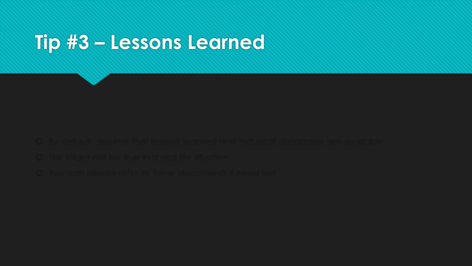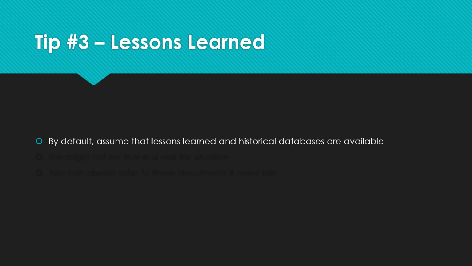Tip number three, lessons learned. By default, assume that lessons learned in historical databases are available. So in a scenario based question, you need to assume that the lessons learned are available. You cannot assume that the lessons learned are not available, right? This might not be true in real life situations. In certain organizations or departments, there might not be any lessons learned database, right?